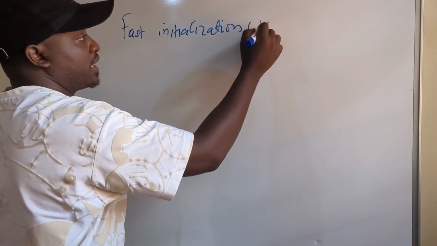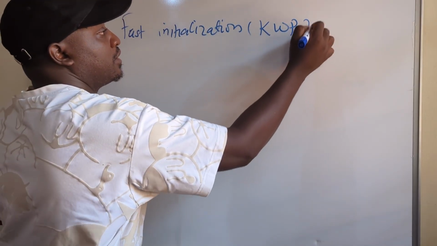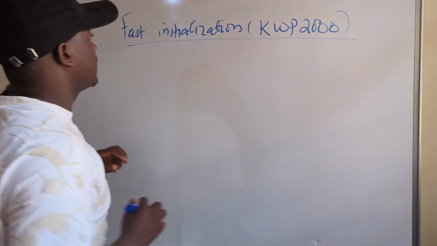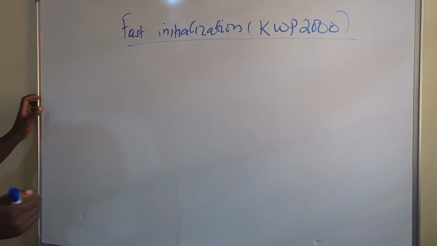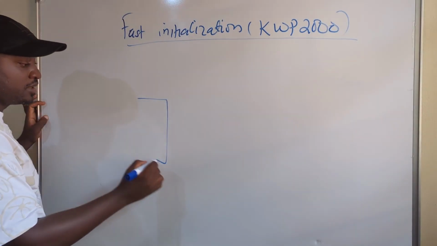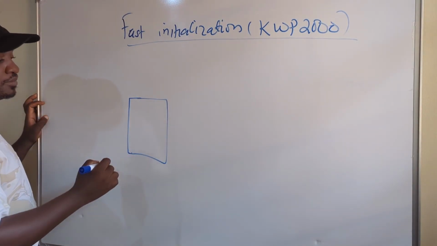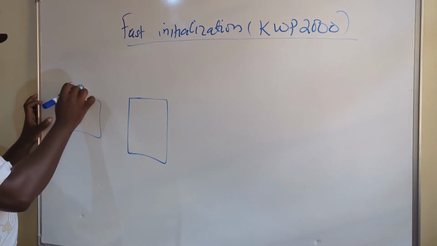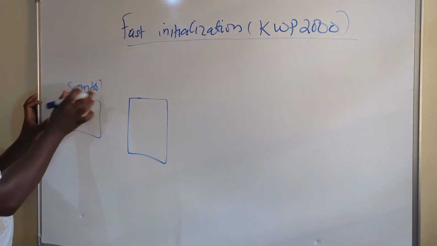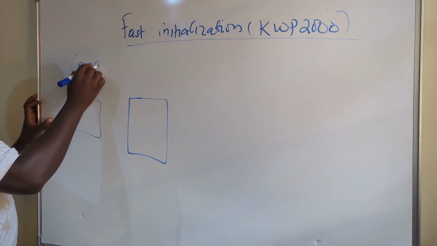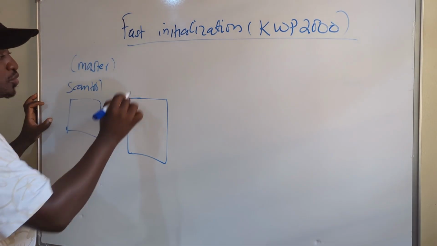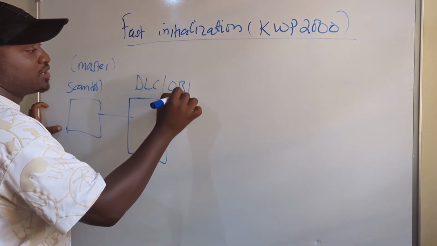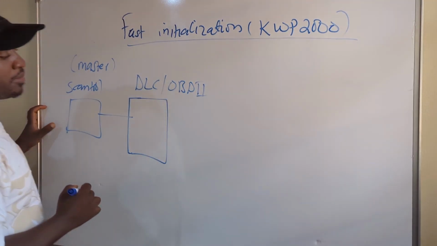and this is KWP 2000. Now in this communication protocol, when we connect our scan tool, remember our scan tool is acting as our master, to the DLC port, or you can call it the OBD2 port.